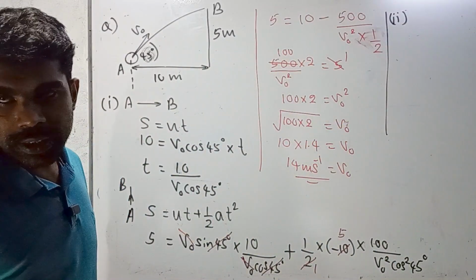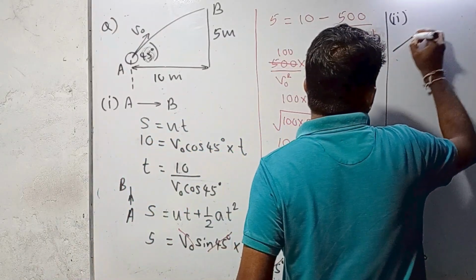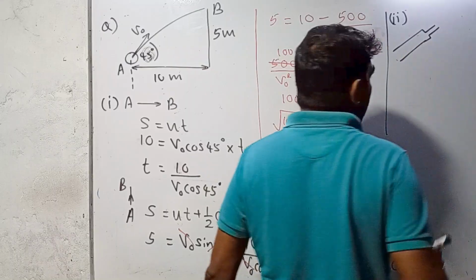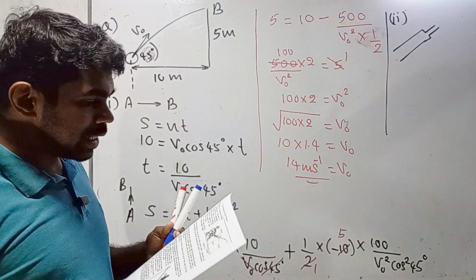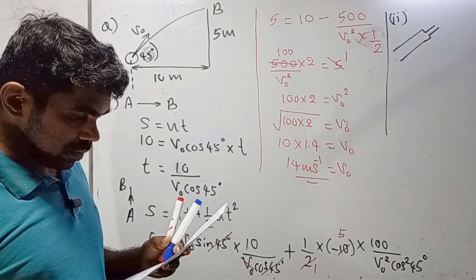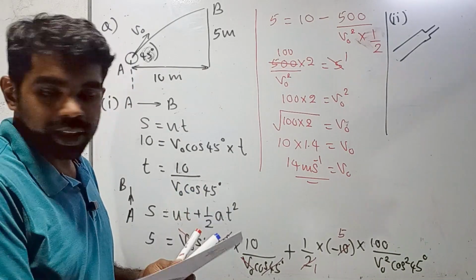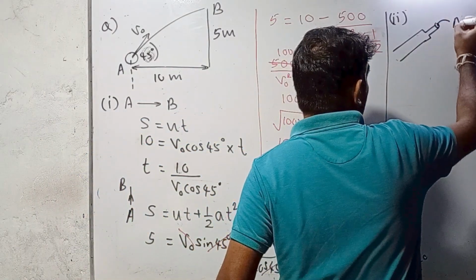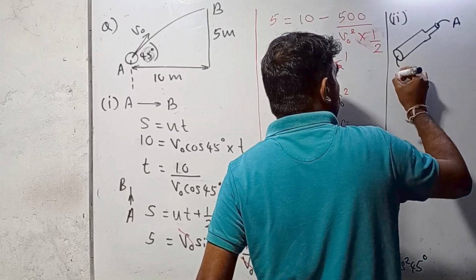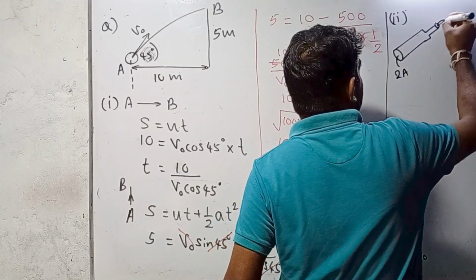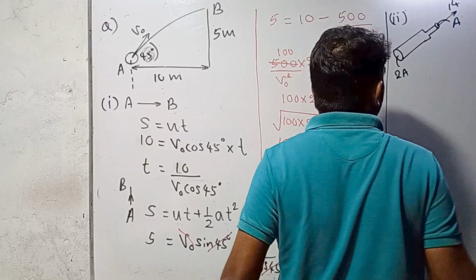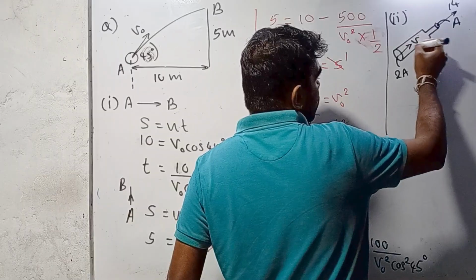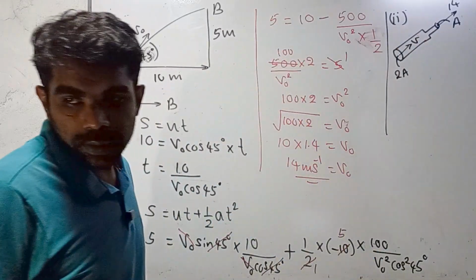When considering the hose, there are two parts: this one is the hose and this one is the nozzle. They have given that the area of the hose is twice the area of the nozzle outlet. It means if the area of the nozzle outlet is A, the area of the hose is 2A. We know the ejecting velocity is 14, and we have to find the velocity of water inside the hose.